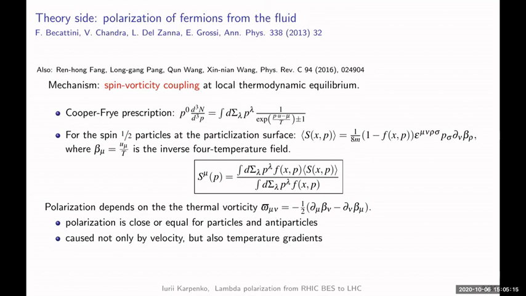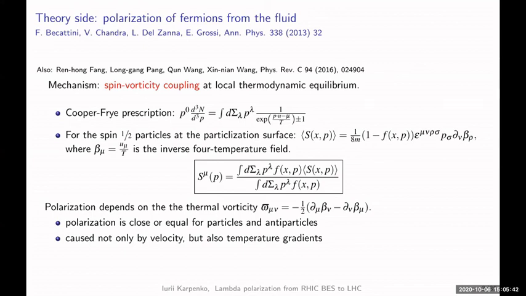Can I ask just a very short follow-up question? I think the important question is actually the definition of spin vector instead of the spin tensor, which I think is more fundamental. As far as I know, there are different definitions of spin vectors.